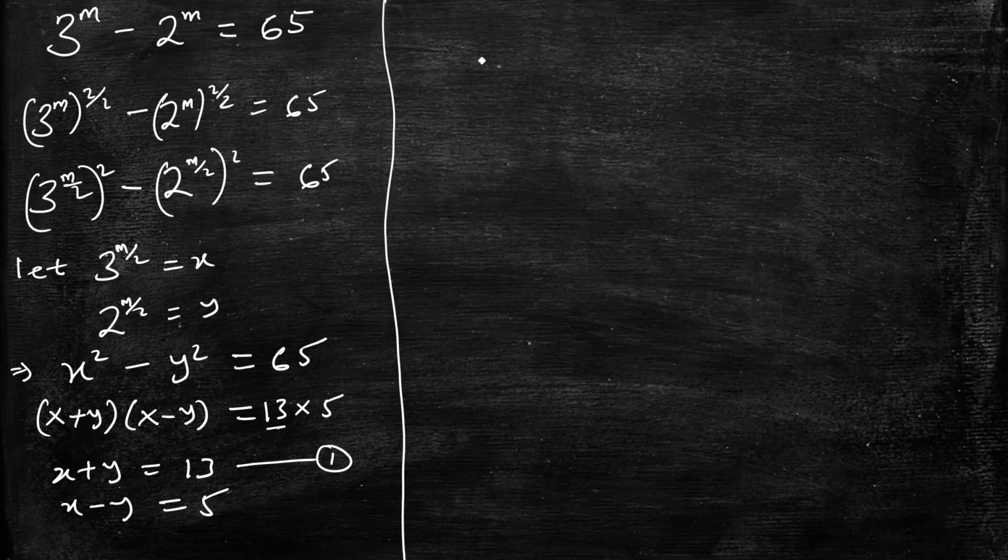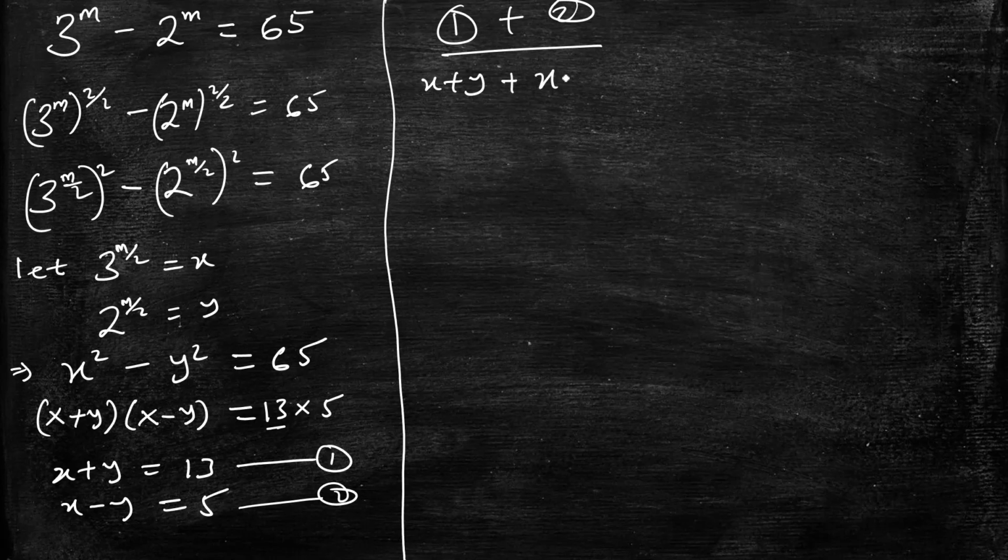Okay, so let's solve the equations simultaneously. We have plus y and minus y, so we can add the two equations to get rid of y. Equation 1 plus equation 2: x plus y plus x minus y equals 13 plus 5.